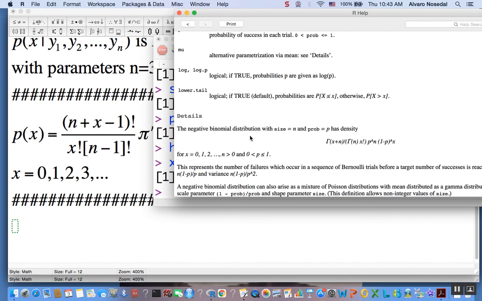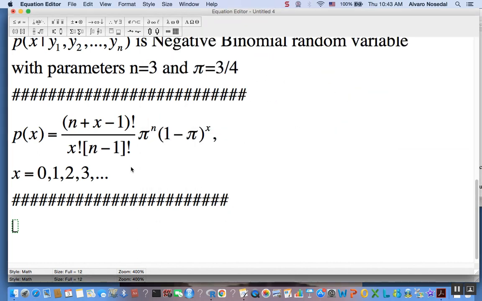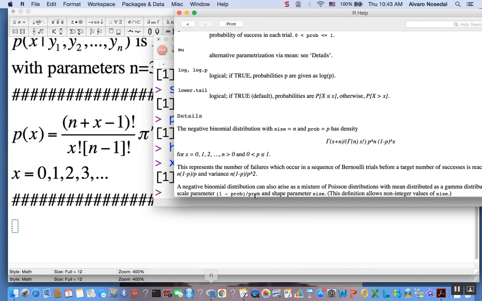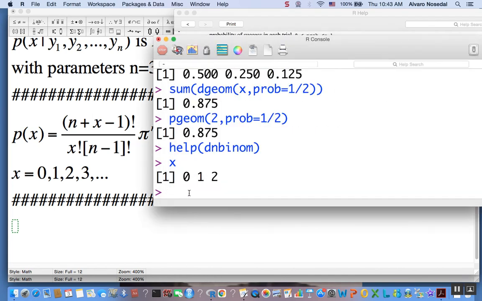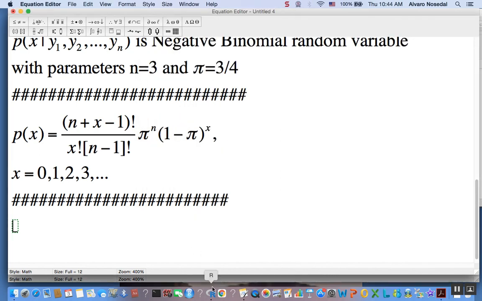So we can use that function directly. Just like before, we evaluate the probability mass function at x. As we saw, the probability of success in our case is 3/4.